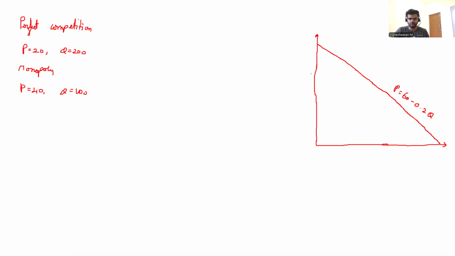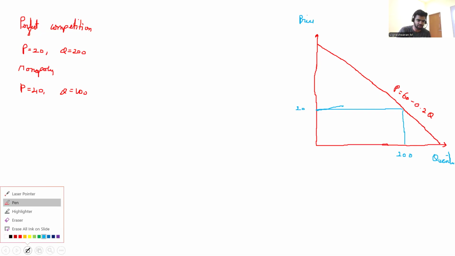We all know this is the price, this is quantity. For perfect competition, P is equal to 20, quantity is 200. It will be like this.